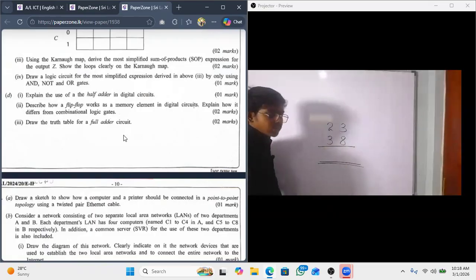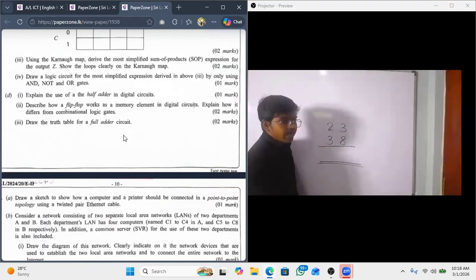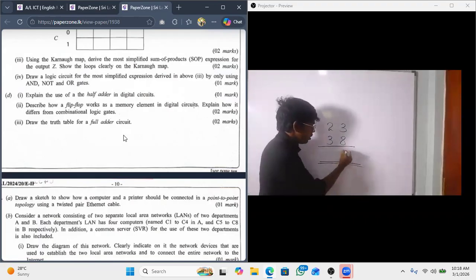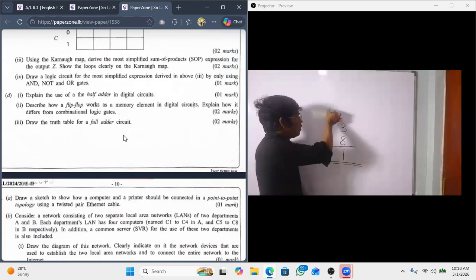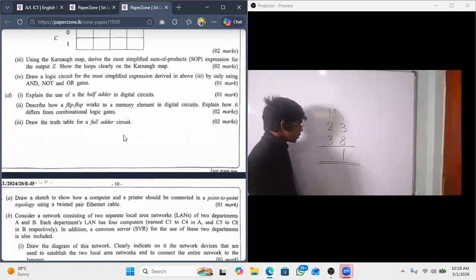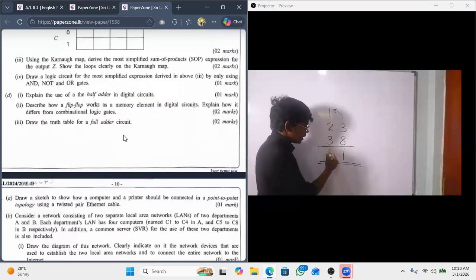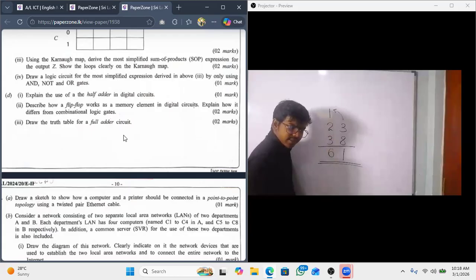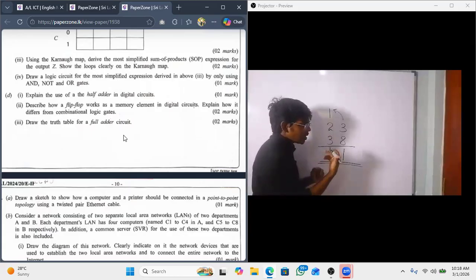Grade 2 addition. 3 plus 8 is 11. You keep 1 here and carry 1. Then 2, 3, 5. That one, 261. That is the addition. So think of the same concept as binary. You have something like this.